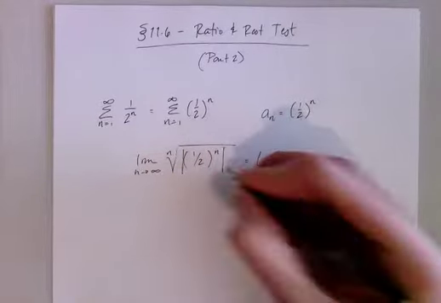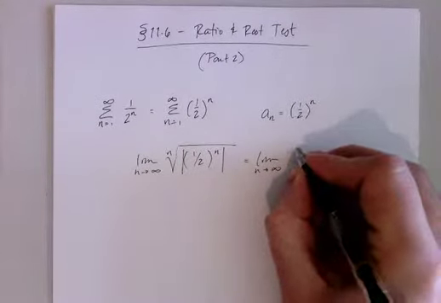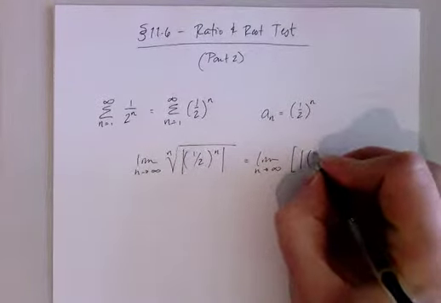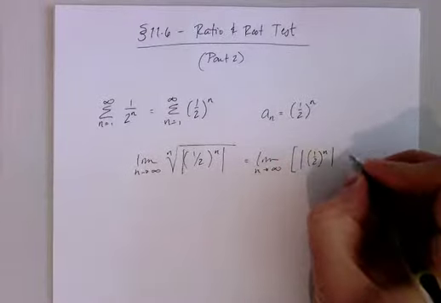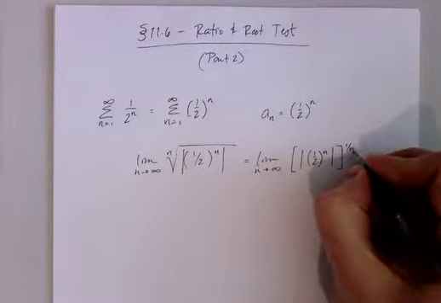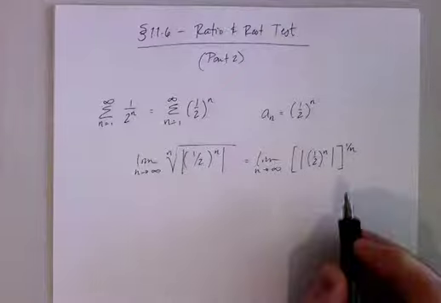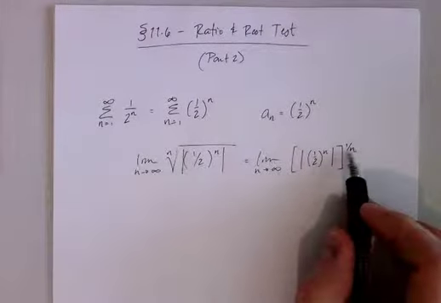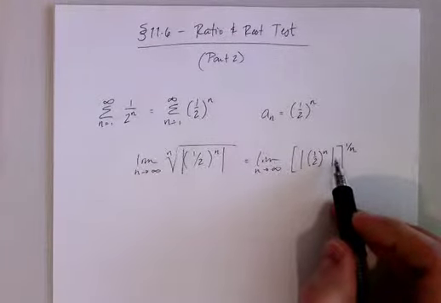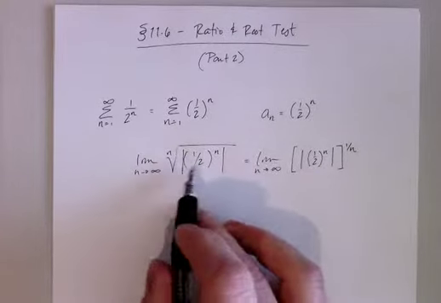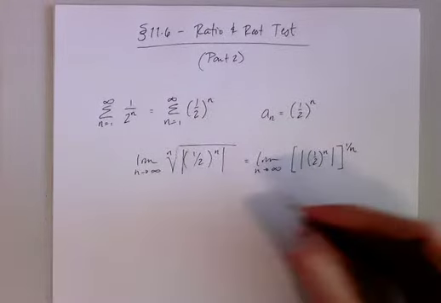Oh, by the way, you need absolute value bars around there. Those are the same thing, and you may want to do it this way simply because multiplying exponents is a little bit easier than dealing with radicals.